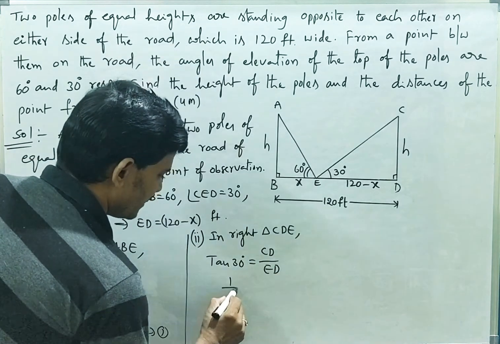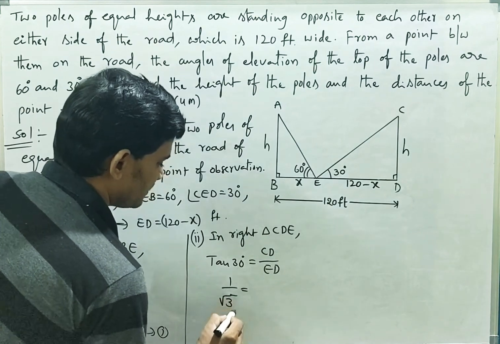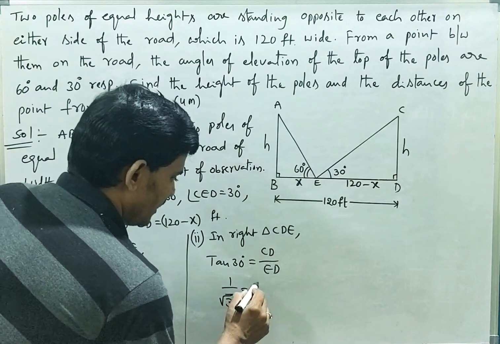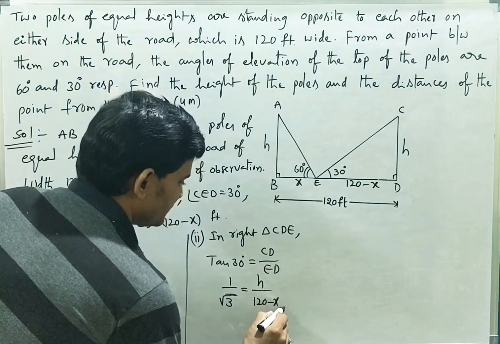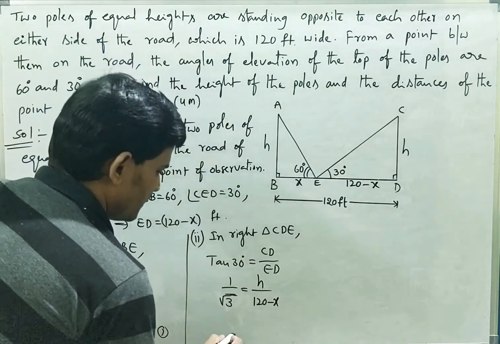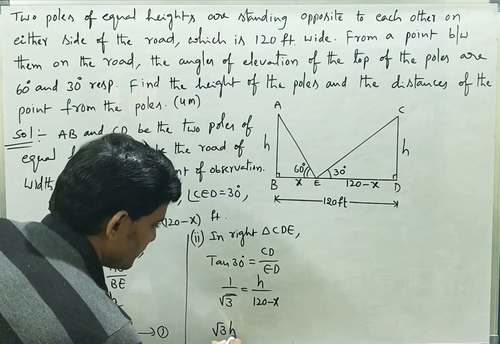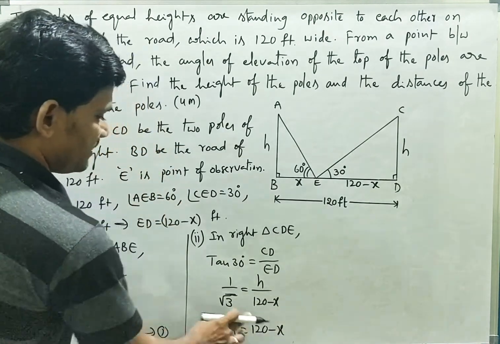Tan 30 is 1 by root 3, equal to CD, height of the pole h, over ED, 120 minus x. Do cross multiplication, then root 3 times h is equal to 120 minus x. This is the second equation.